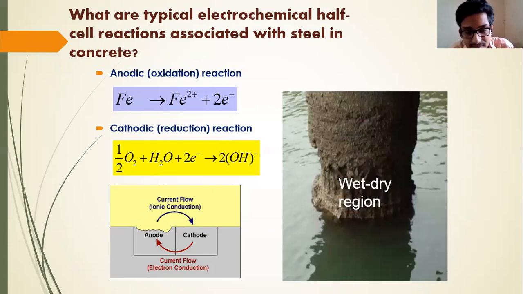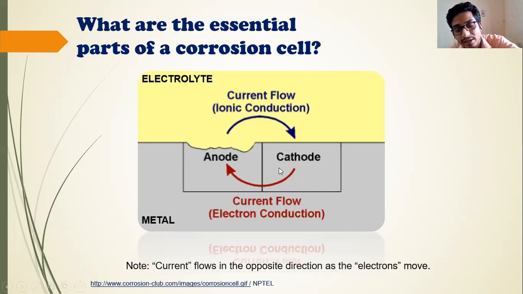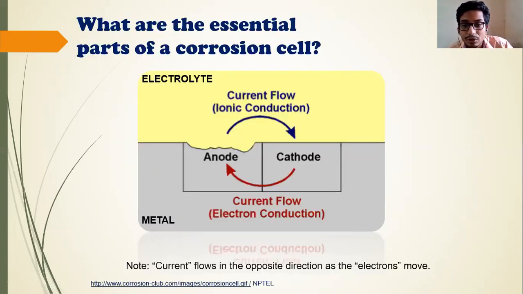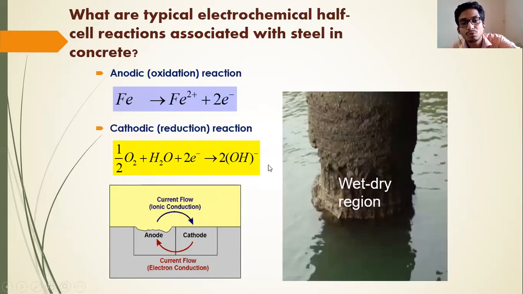At the anode, the iron divides into two parts, Fe2+ and 2 electrons, and these electrons are transferred from the anode to the cathodic surface to form the hydroxide, which is known as rust. At the cathode, the electrons react with the oxygen and moisture present in the electrolyte or concrete system to form hydroxide ions.